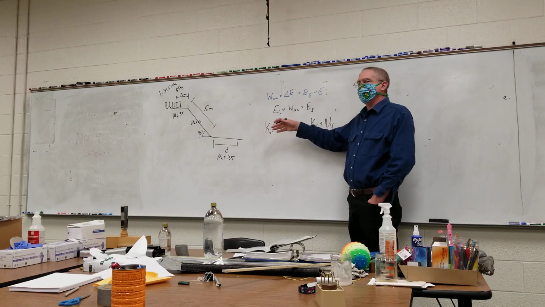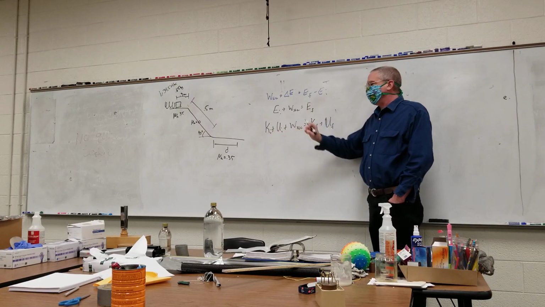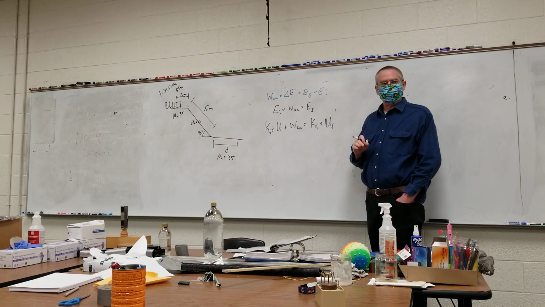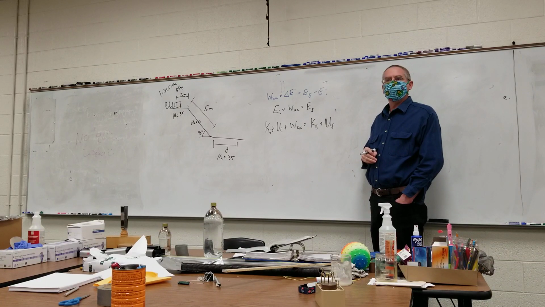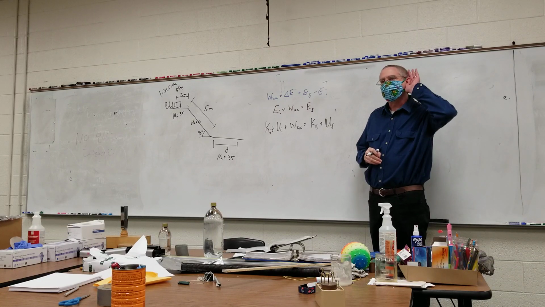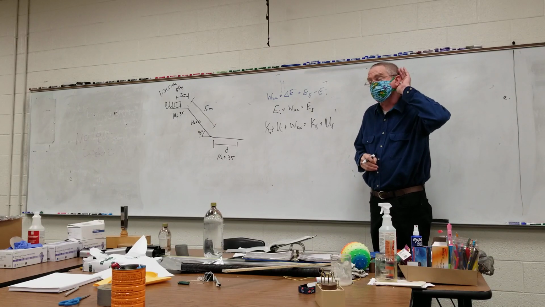Well, before we get to the questions that I know all of you are anxious to answer in unison, what potential energies are involved in this problem? Gravitational. You said gravitational. Oh, gravitational.